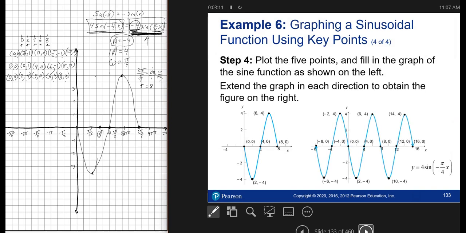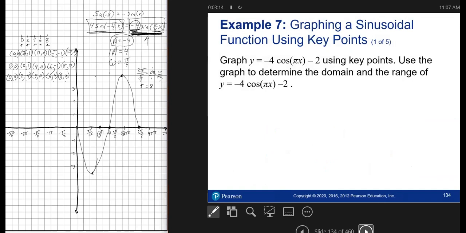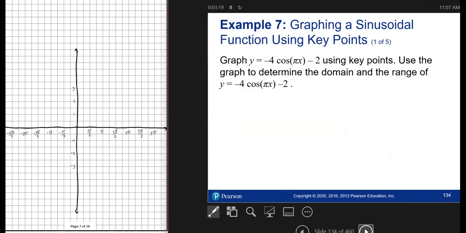Yeah, that's one we had done before. Okay. And so we're going to be dealing with y equals -4 cosine of pi x minus 2 using key points.